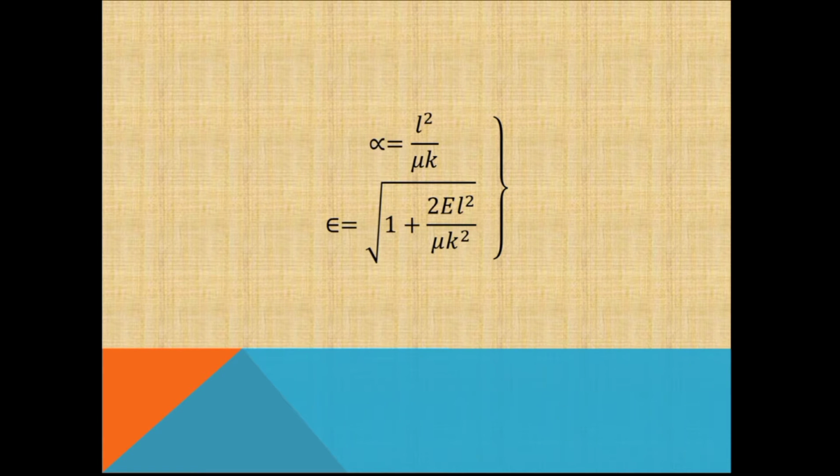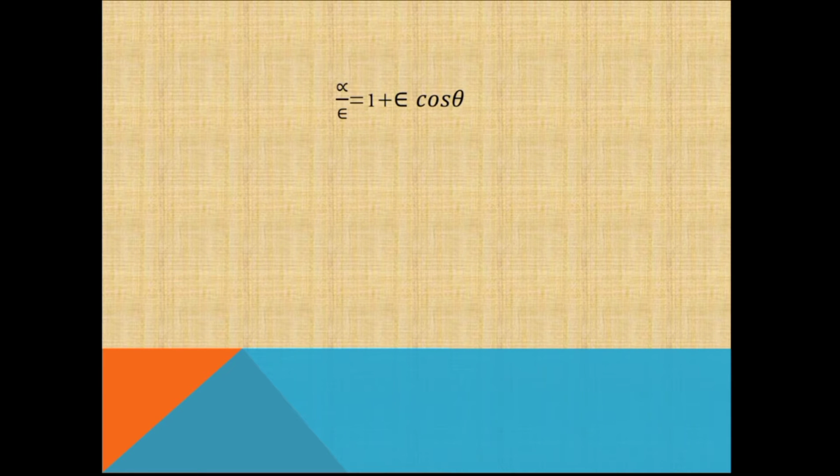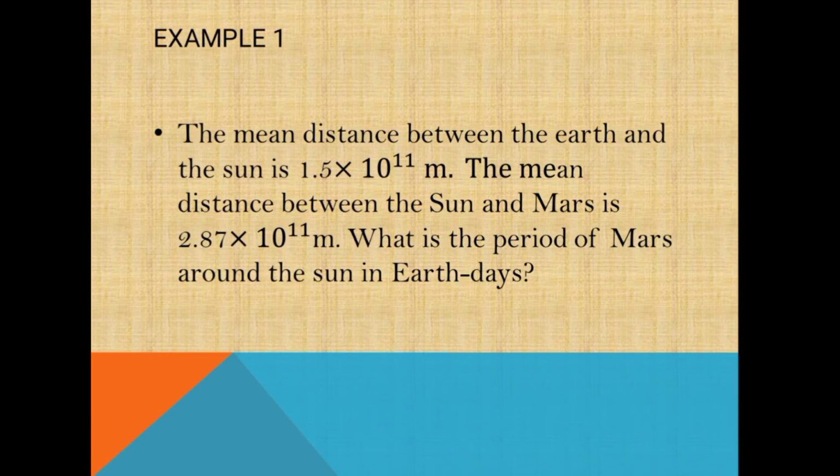Meanwhile, epsilon is equal to the square root of 1 + 2EL²/(μk²). This can thus be written as alpha over r equals 1 plus epsilon cosine theta. That's it. So the mean distance between the Earth and the Sun is 1.5 times 10 to the power of 11 meters.